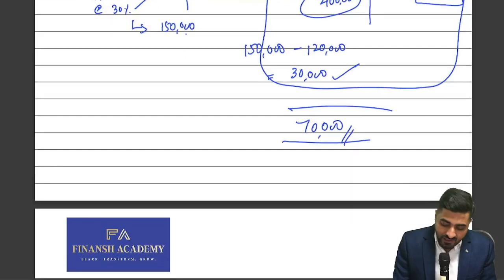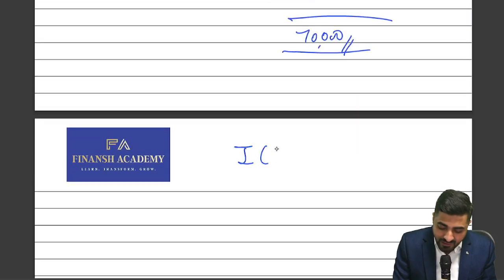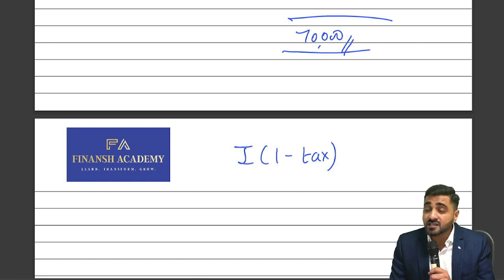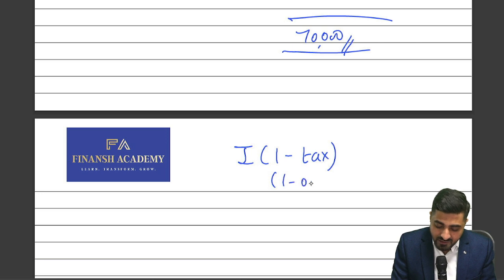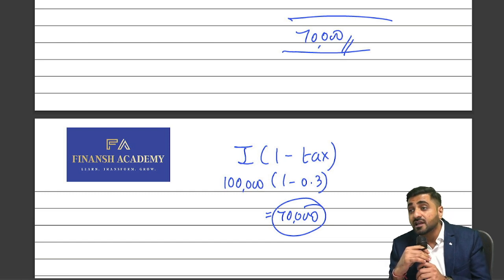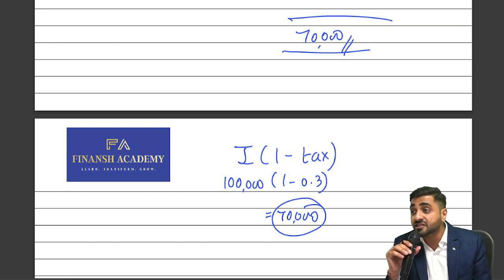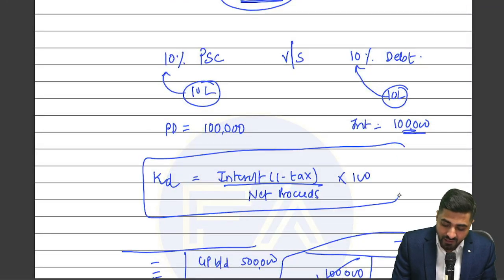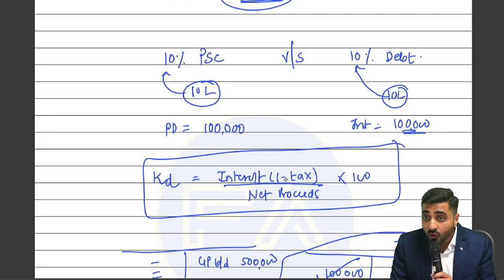This 70,000 can I also calculate by taking interest into 1 minus tax rate? What's my tax rate? 30%. So on the interest of 1 lakh, if I multiply it by 0.7, 70,000 is my net interest cost, which is after tax implications. Yes, sir. So always remember that whenever you are calculating KD, it is interest into 1 minus tax on net proceeds.